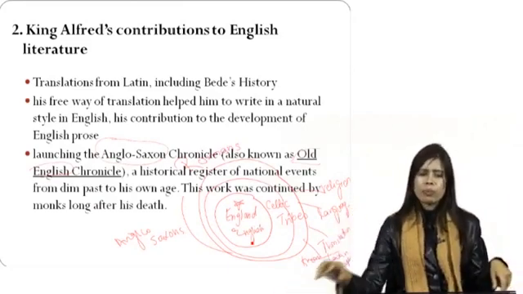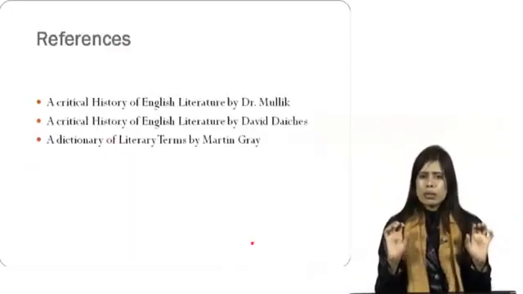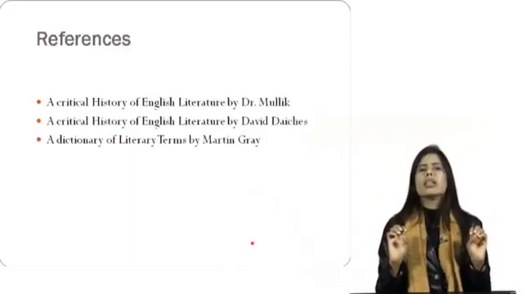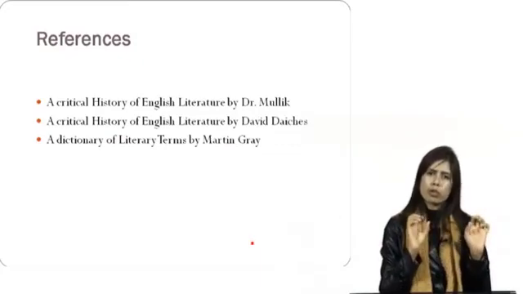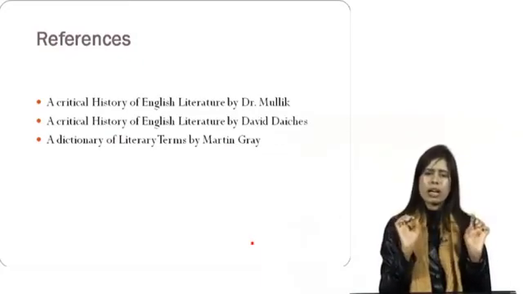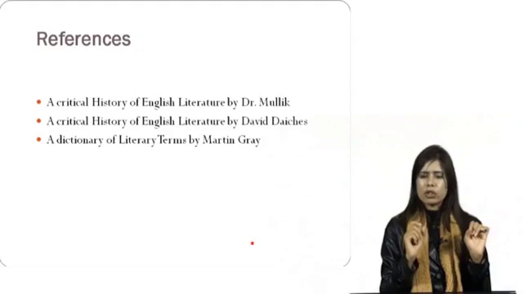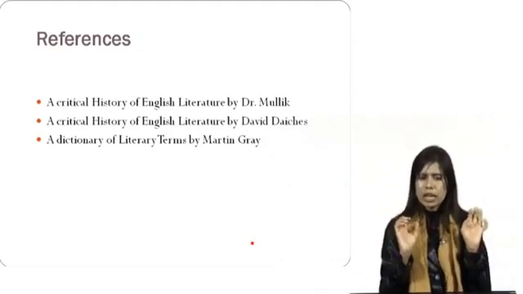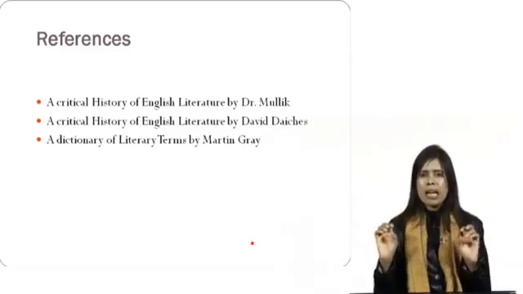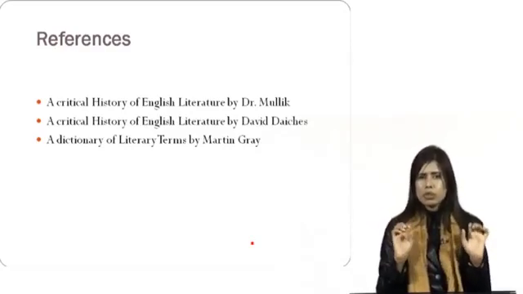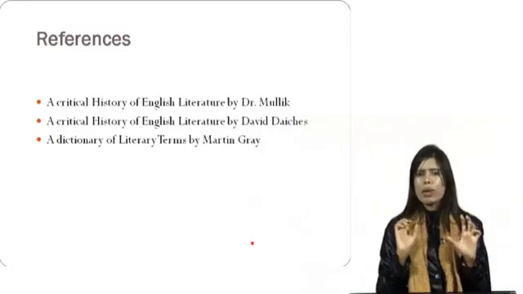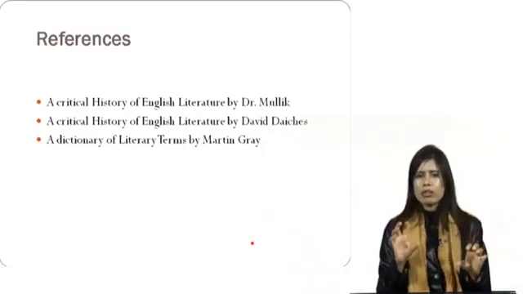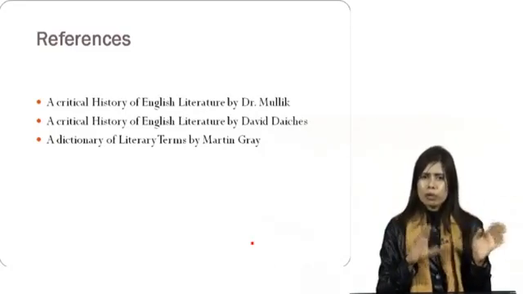So basically that was all for today. The reference books I have used for today's lecture are A Critical History of English Literature by Dr. Malik, A Critical History of English Literature by David Daiches, and A Dictionary of Literary Terms by Martin Gray. These are your course books as well, so you can take the rest of the details, or anything confusing, from the books.